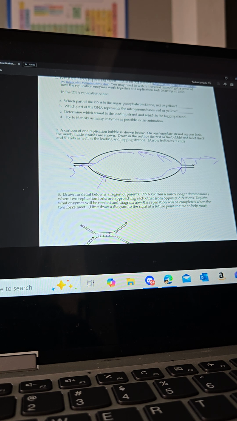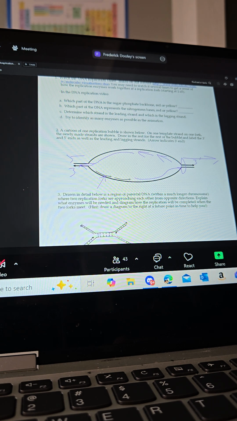As the forks come together, what happens? I'm sorry, what forks? As the forks, these are called replication bubbles or replication forks. As they come together, what happens?